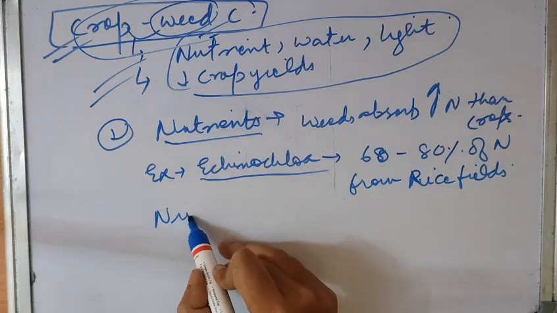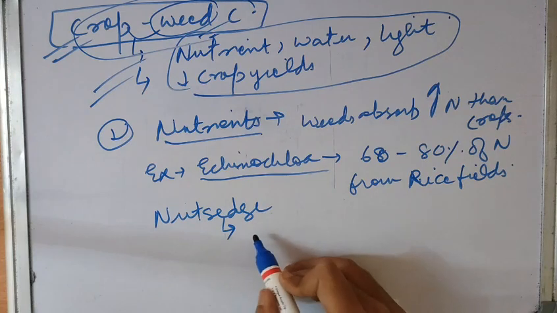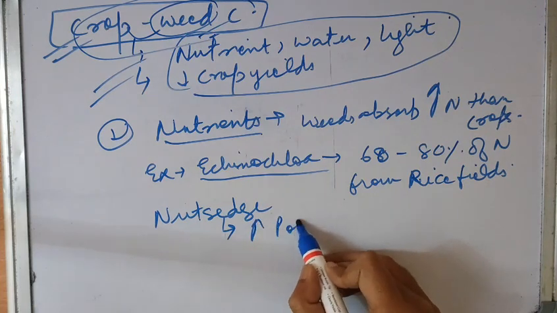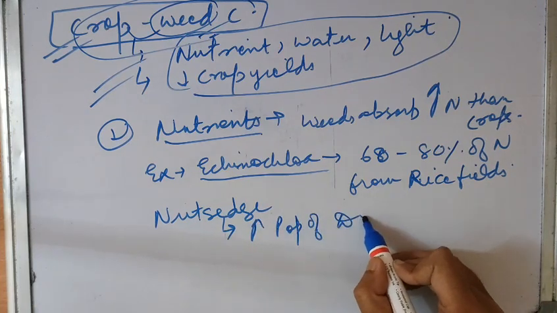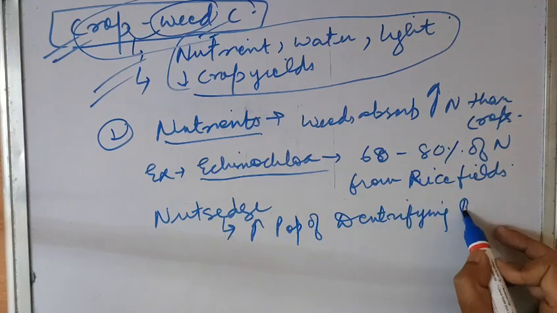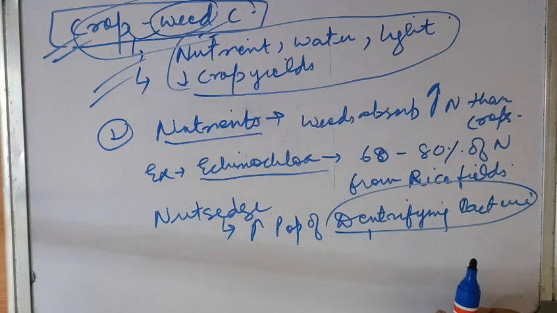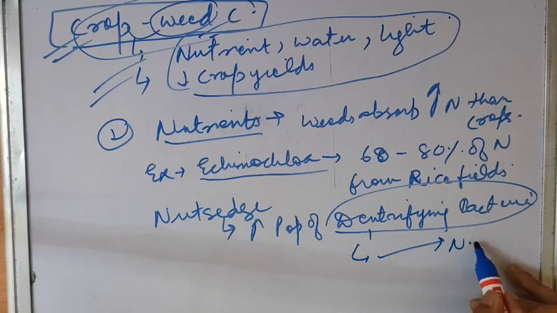There is one more weed, that is nutsedge. It increases the population of denitrifying bacteria. What do denitrifying bacteria do? They convert available nitrogen in the soil into normal nitrogen, which escapes to the atmosphere.